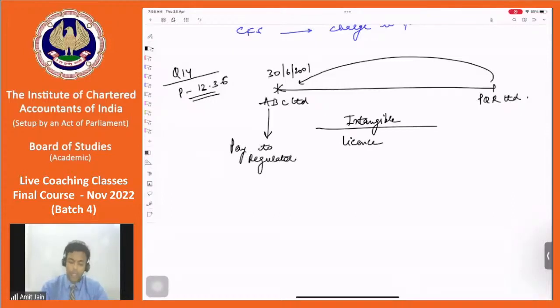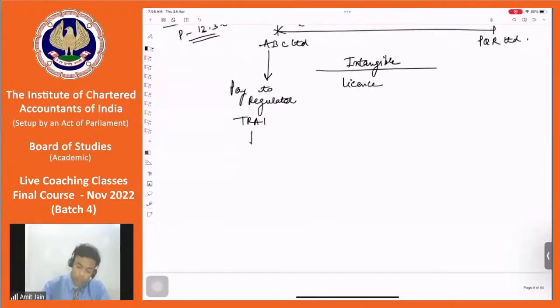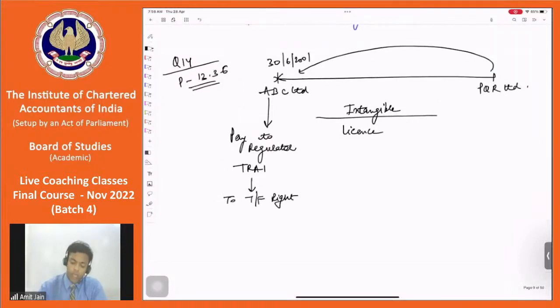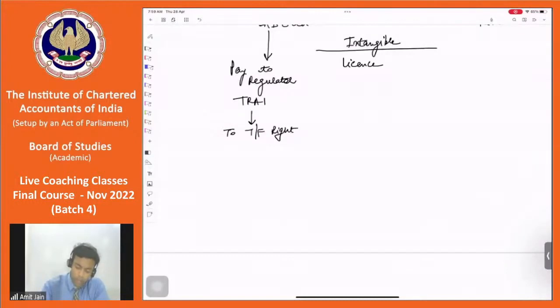TRAI is the regulator, Telecom Regulation Authority of India, in the PQR jurisdiction, in order to transfer the rights. Why is it paying? To transfer rights. This is similar to land. Land goes from A to B, so I need to pay the legal charges and the stamp duty charges. Similarly, ABC Limited has to pay the transaction cost to transfer the right in its own name.